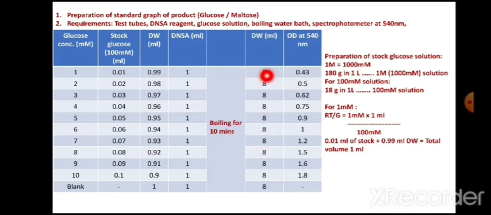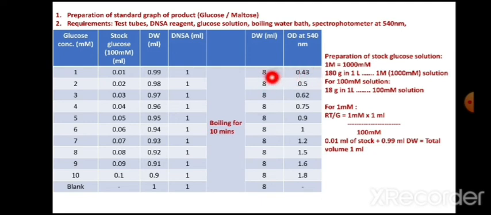So this will create the dilution of this sample. So add 8 ml of distilled water, and now after mixing, the tubes are ready for the reading at 540 nanometers in spectrophotometer. So for this, the blank used is this.